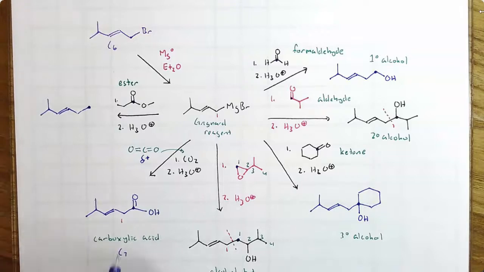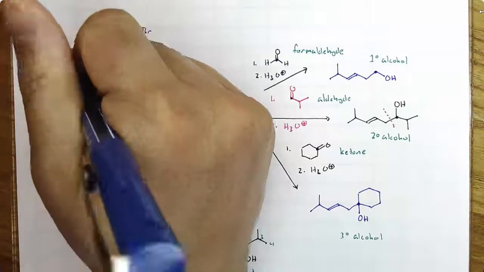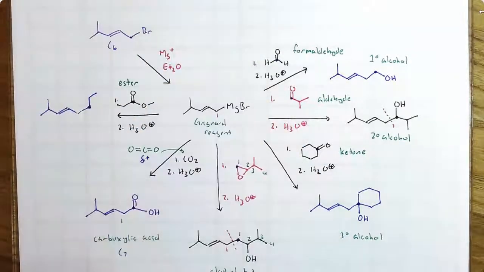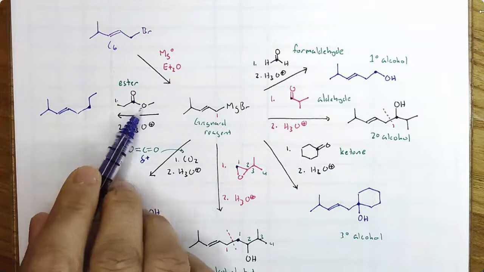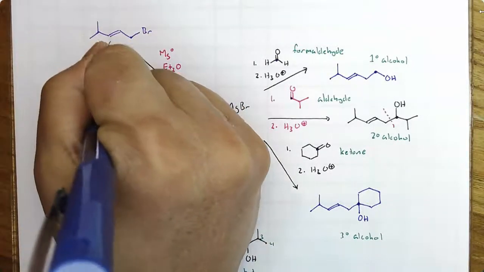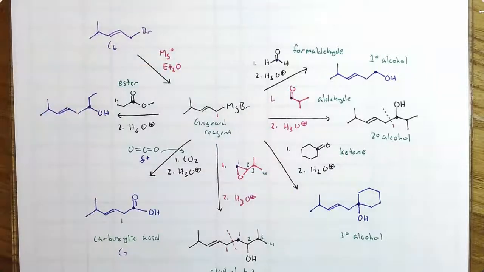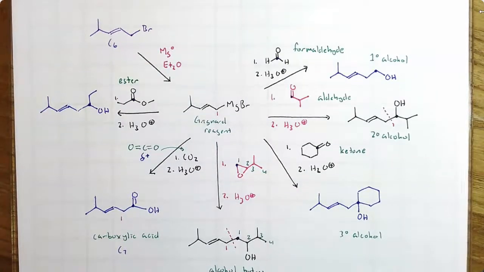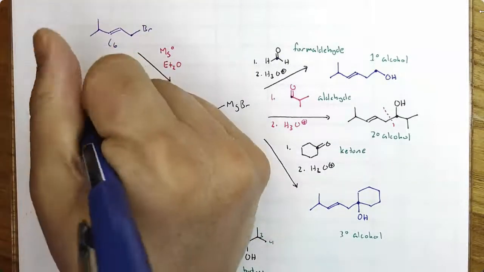What happens here is that this group stays, but this one leaves. And that carbonyl still becomes an OH. So the weird thing about Grignard plus ester is that you actually add the Grignard twice.